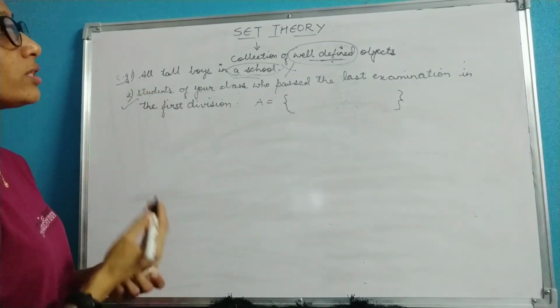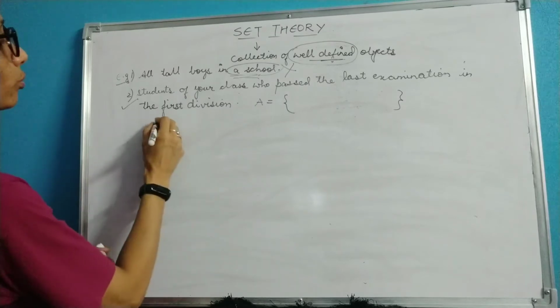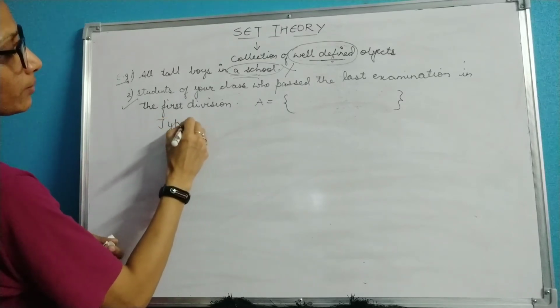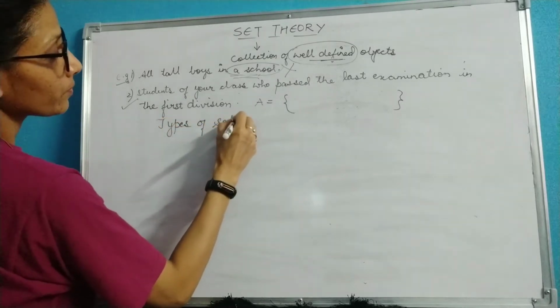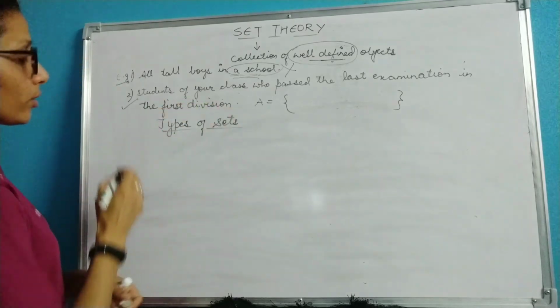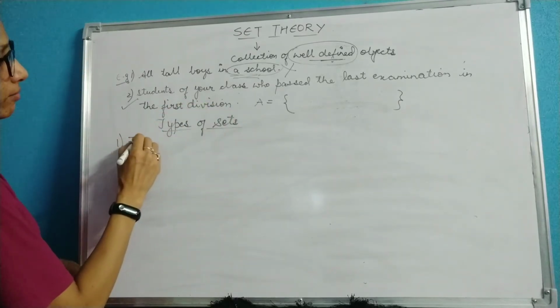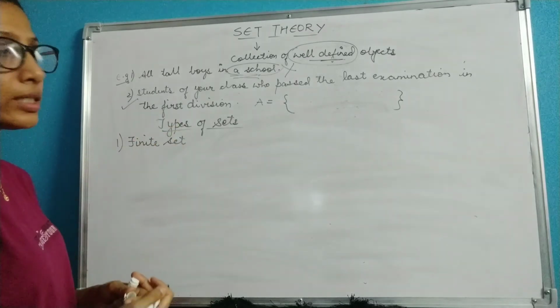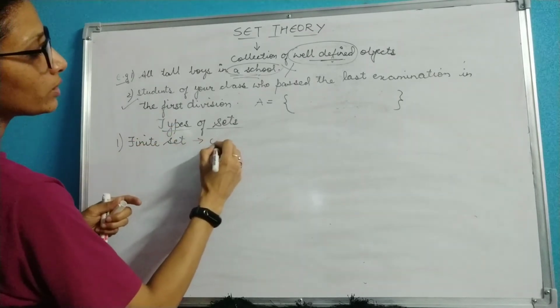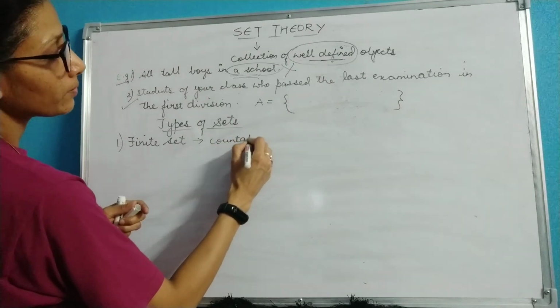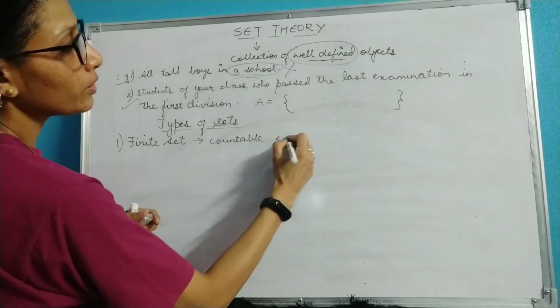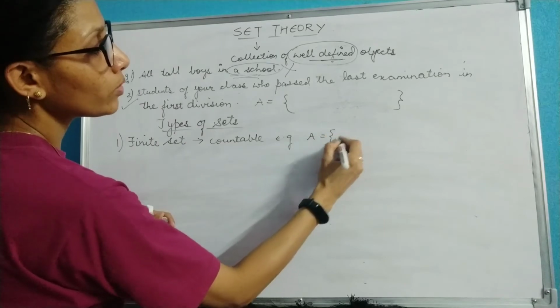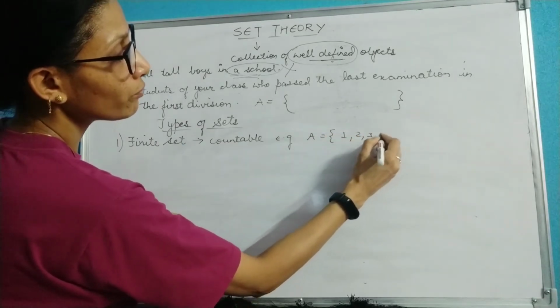Now you come to different types of sets. Children, first of all, we can have a finite set. As the name indicates, finite means countable. For example, I have written A equal to 1, 2, 3, 4.